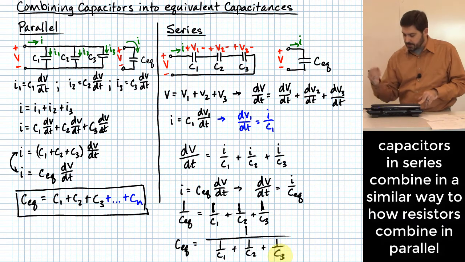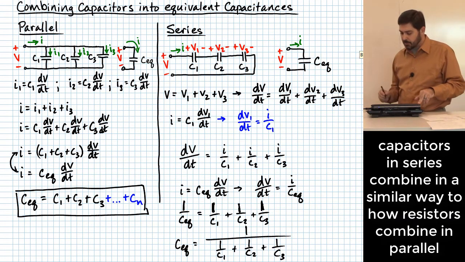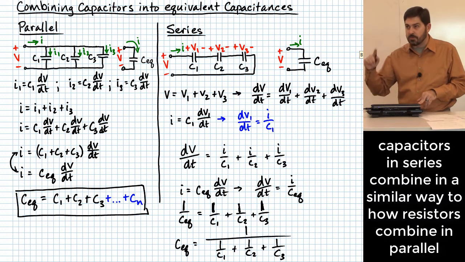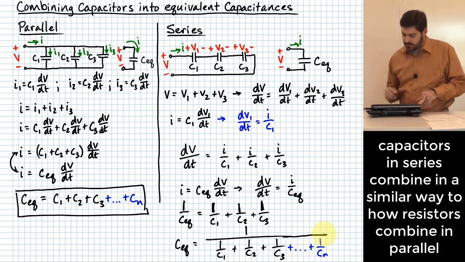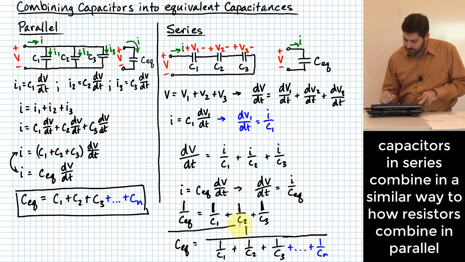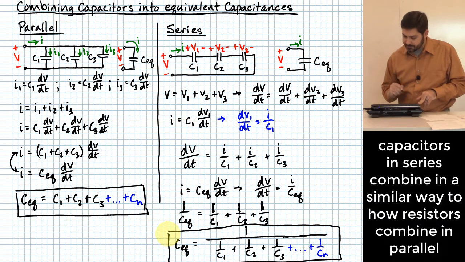And so, just like in similar forms in the past, what happens if we put more of them in series? All we do is we just keep on adding terms in this pattern in the denominator up to however many capacitors that we've got. And so that is the equation that we use for combining capacitors in series with one another.